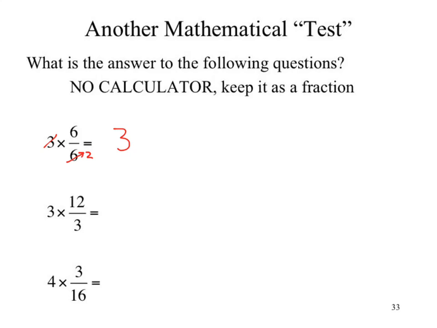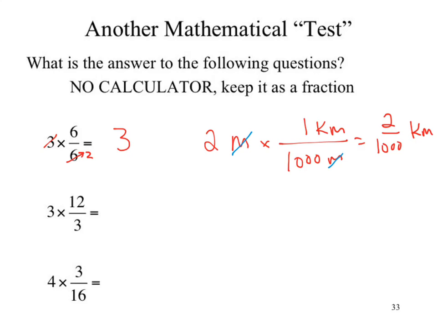But if I go through and throw this in, now everybody goes, what did you just do? 2,000 combined meters. What happens? Meters cancel, and I get 2 over 1,000 kilometers.